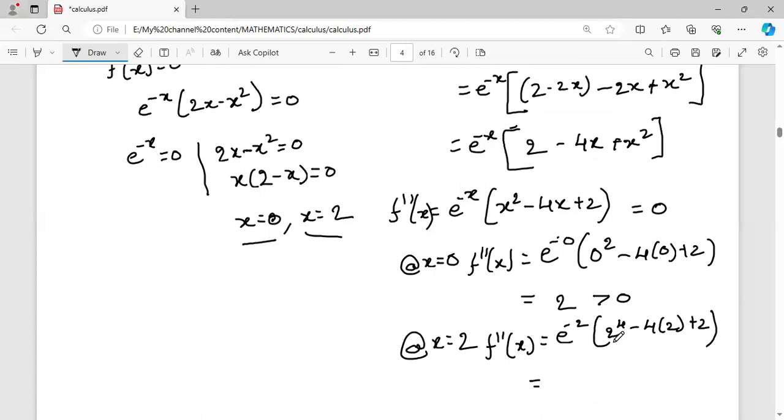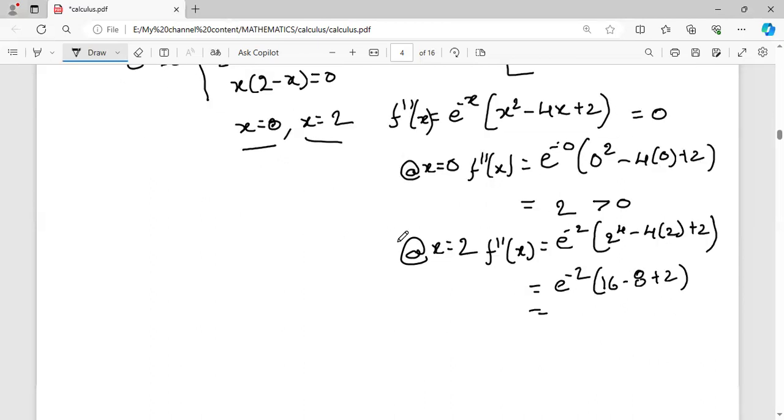Here it is not 2 power 4, it is 2 square, x square. 2 square is nothing but 4, 4 minus 8 plus 2.